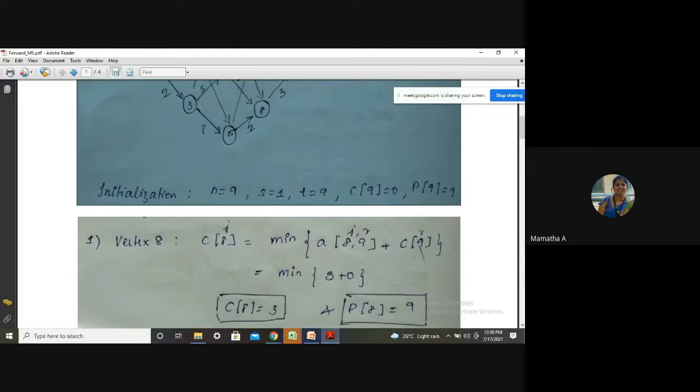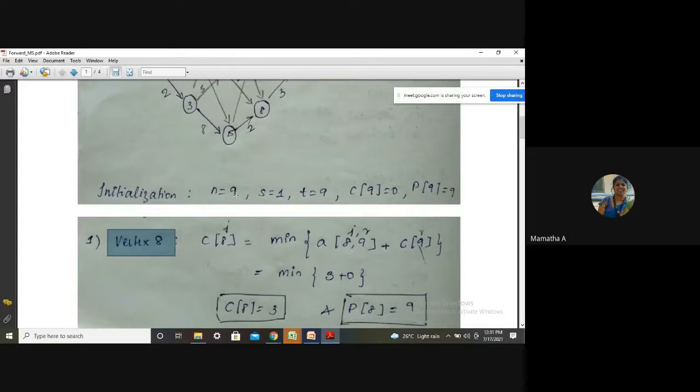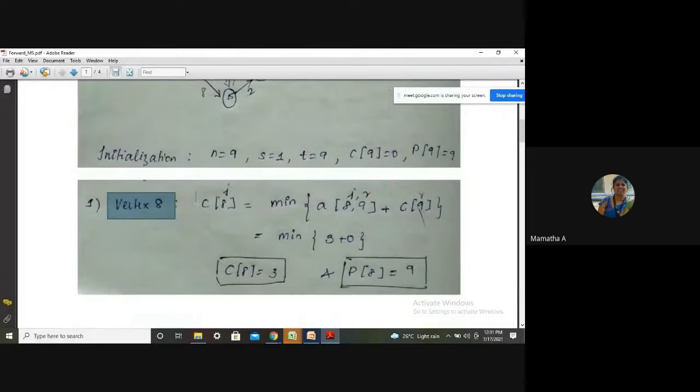So first, let me take the first iteration. It's taking the vertex 8. Why did I take 8? You should remember it starts from n minus 1. 9 minus 1 is 8, isn't it? So I'll have to now find out the value of C of 8. What is this 8?